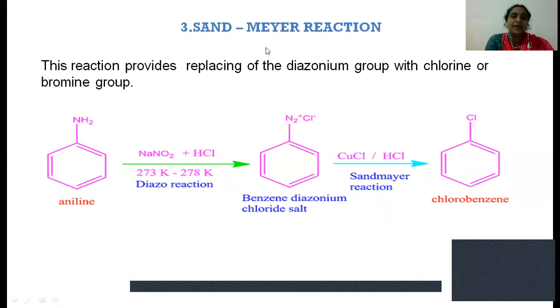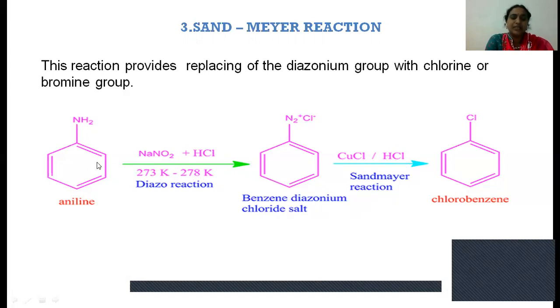In the Sandmeyer reaction, the diazonium group is replaced with a chlorine or bromine group. As we all know, aniline reacts with sodium nitrite and HCl at 273 Kelvin to 278 Kelvin, that is 0 to 5 degrees temperature, which produces benzene diazonium chloride.